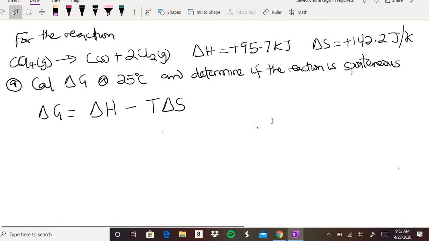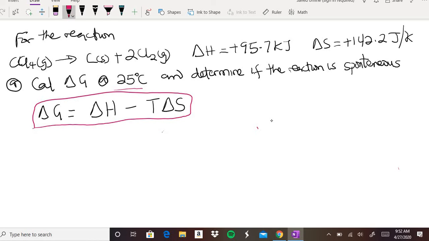Next example, for the reaction, calculate delta G at 25 degrees C and determine if the reaction is spontaneous. So again, we have this relationship for delta G given as this, and our reaction is at 25, so we need to convert our 25 to K, which gives us 298 K. So that is our T here.